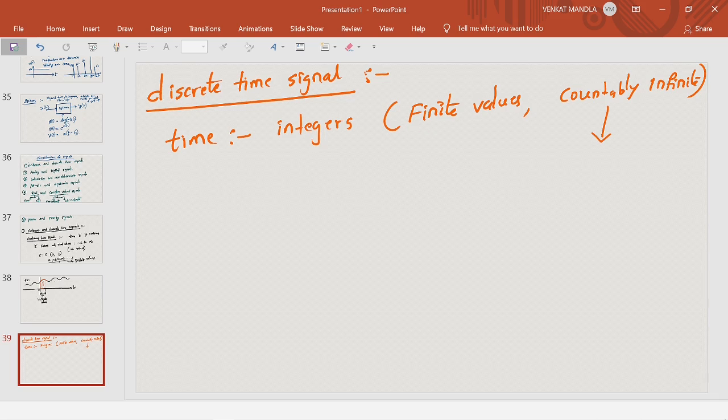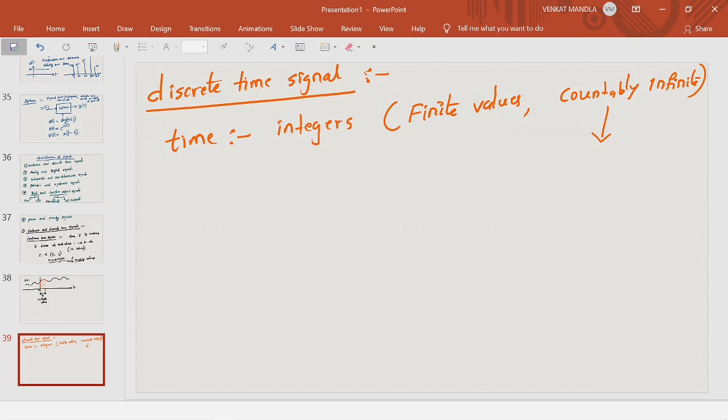Suppose we take natural numbers 1, 2, 3, 4, 5, and so on, infinity. Those are integers. Suppose I take 1 to 1000, they are large in number, but they are countable. If I take some 10 lakh points, those are also countable. Even though the number of points is large, they are countable. That is the meaning of countably infinite.